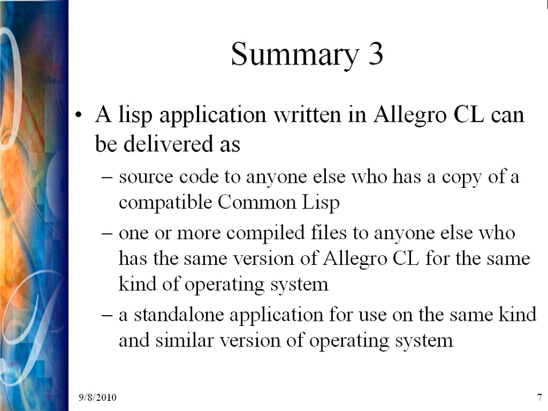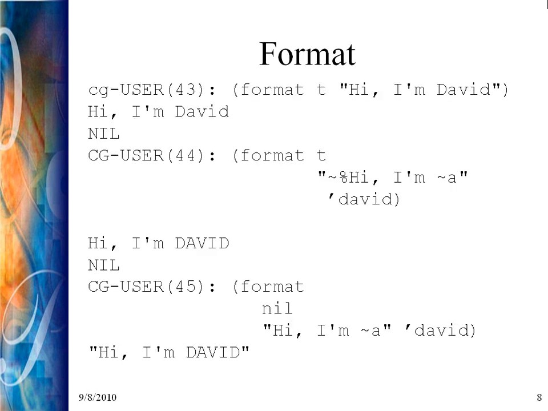You can also supply them with compiled files, and you can also produce standalone applications which can be given to anyone with the same operating system. Standalone applications do require that you be licensed to distribute those.